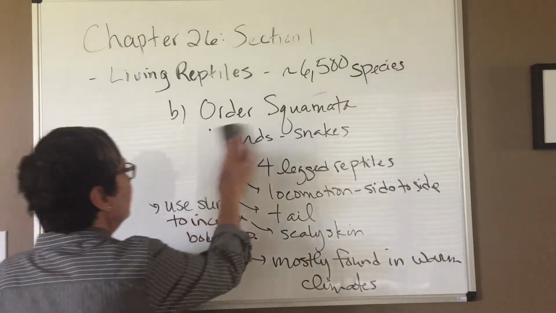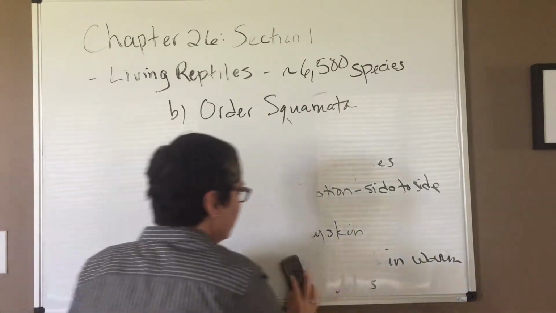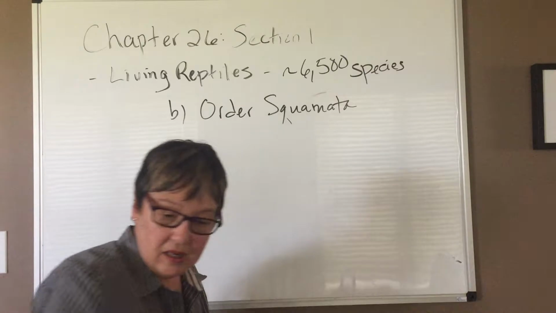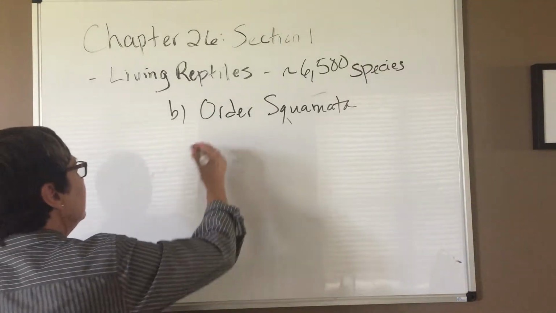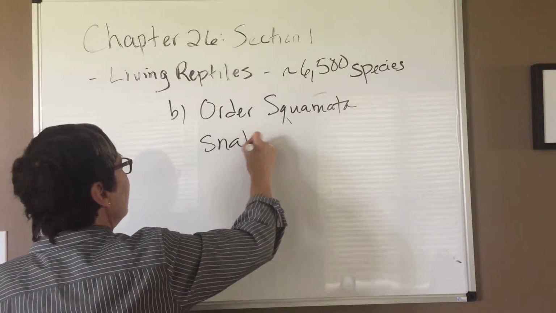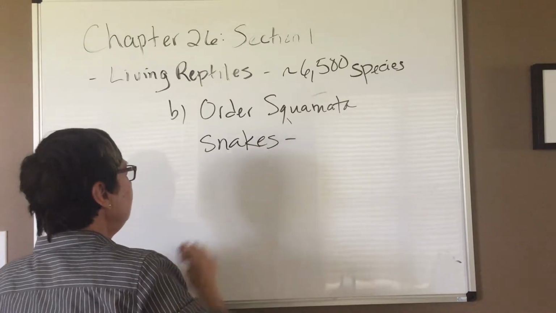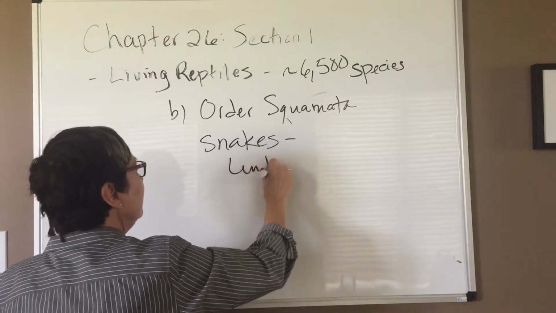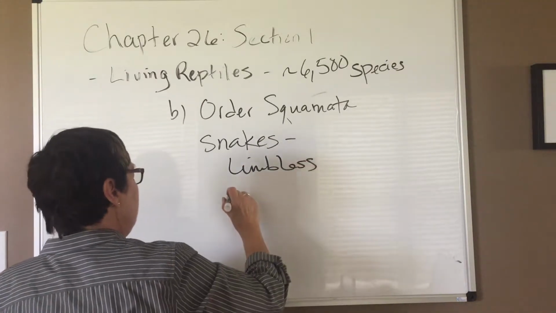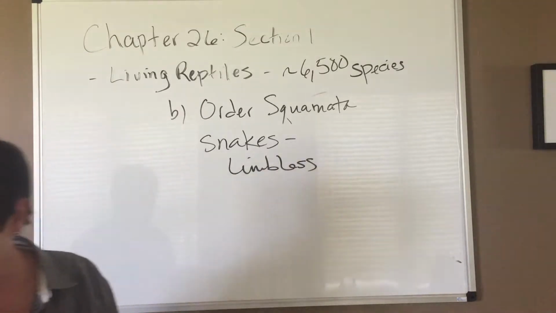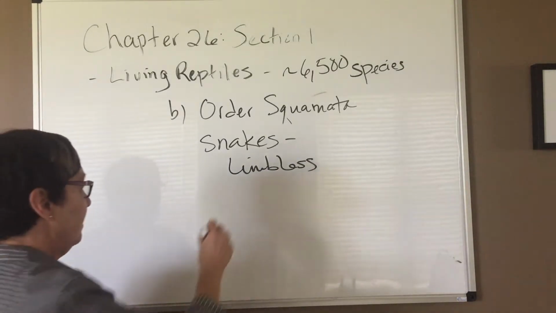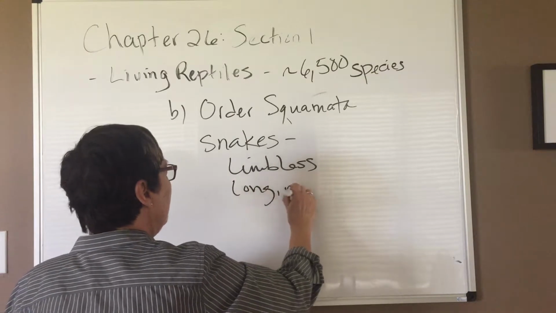Let's talk about the other group within this order, and those are pretty distinctive. These are the snakes. They are limbless. They have a long, narrow body.